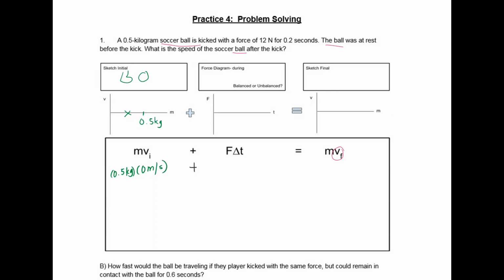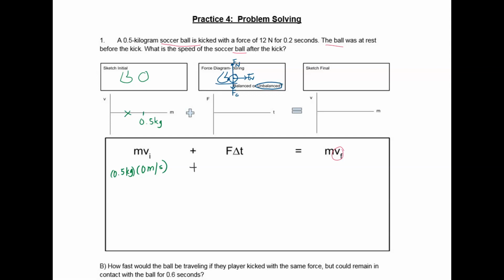Now, during the kick, that means that the ball and the foot have contact, and there's the Newton's third law pair between the ball and the foot, and this is going to be an unbalanced force because there's the force of gravity on the ball, a normal force on the ball from the ground, and then there's this force coming from the foot, and it's a normal force because the ball is being kicked by the foot.